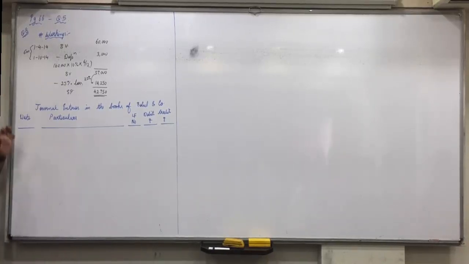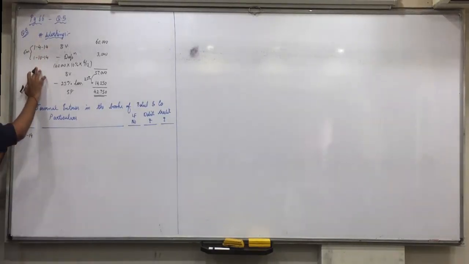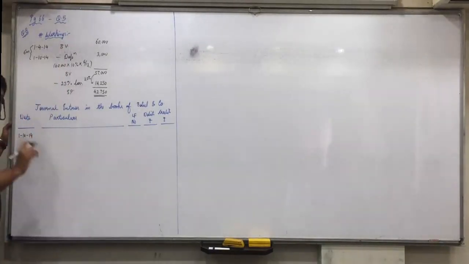On 1/10/14, book value has no entry. On 1/10/14, everyone be attentive. Only one entry of depreciation will come because it is in between the year.